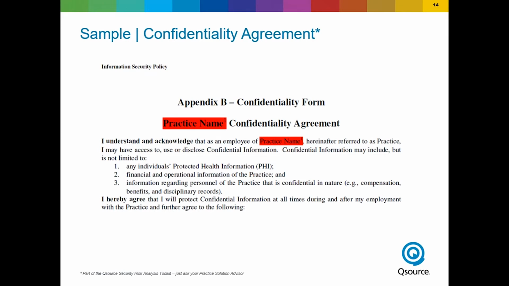This is a sample confidentiality agreement. Also, all of these things that I'm going to be showing you are in the toolkit. I've worked with a lot of practices that have their employees sign this when they start working, but not necessarily annually. But because you're doing your risk assessment annually, it is good to have the confidentiality agreements done annually.